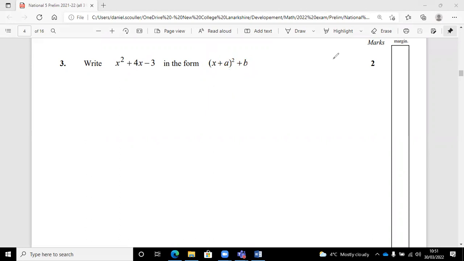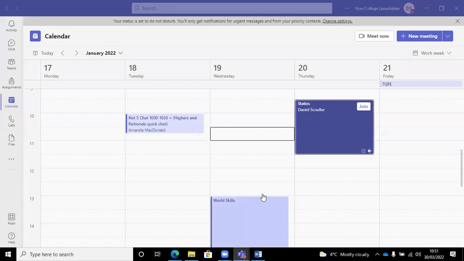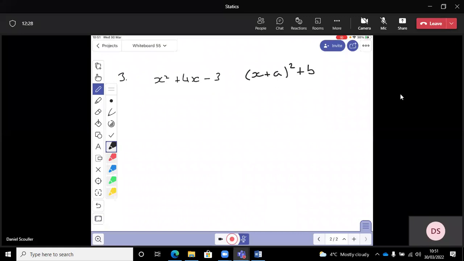Okay, so we just go through that process. In the completing the square process, put in your brackets the x term, plus b over 2, squared that bracket, minus b over 2 squared, plus c.